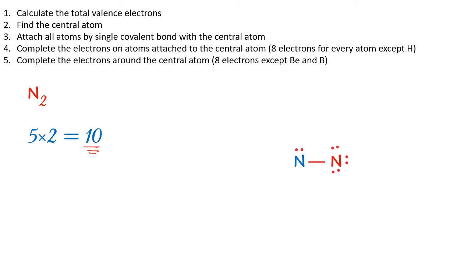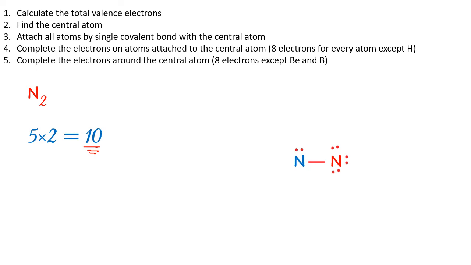Okay friends, now when we see this central atom, how many electrons in the central atom? 1, 2, 3 and 4. The central atom contains 4 electrons. It means this central atom still needs 4 electrons to complete its 8 electrons. So what should we do?